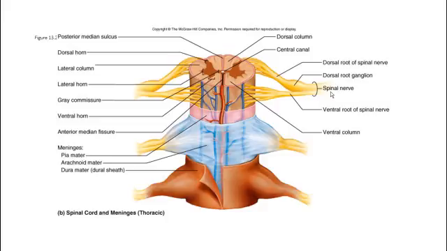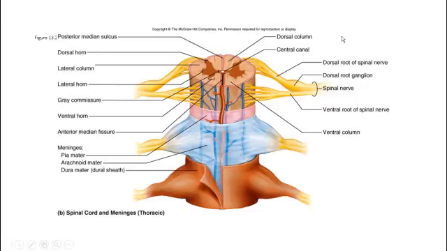Let me point out some terms you need to know. First of all, just to get oriented again, this is the dorsal or the back part of the spinal cord, and here facing you is the front or the anterior or ventral part.